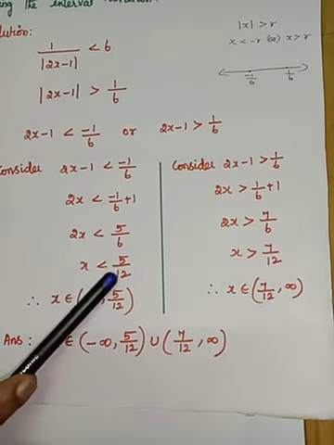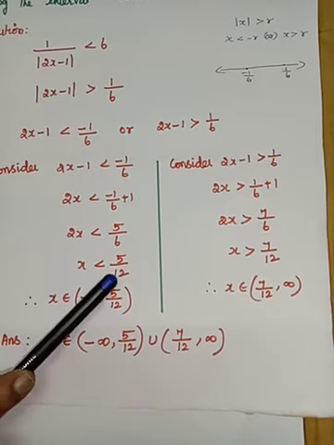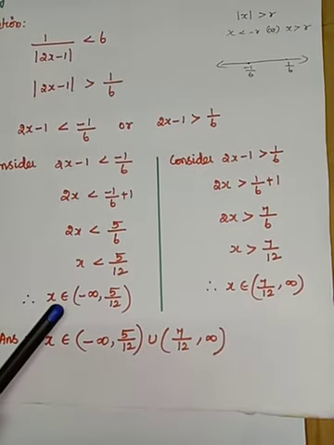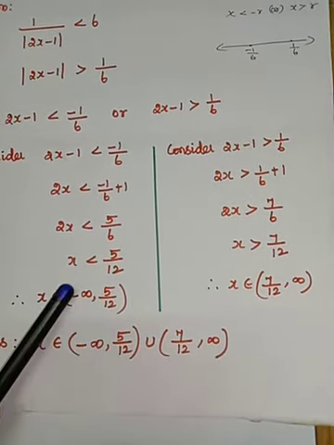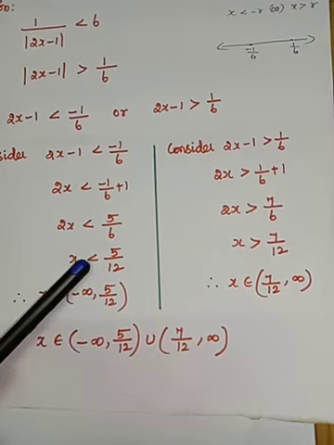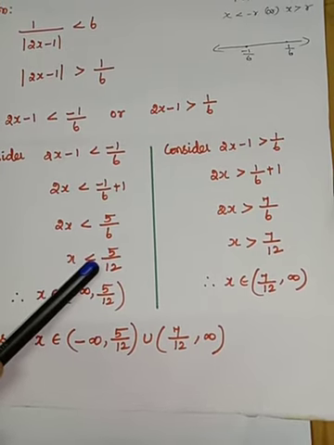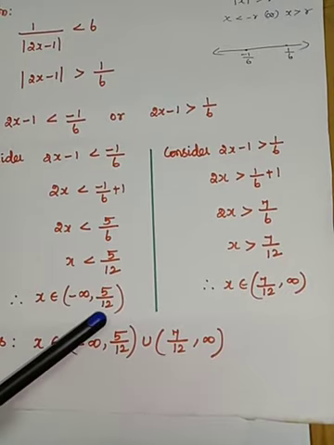X value is less than 5 by 12 means x belongs to minus infinity to 5 by 12. Here I have used this bracket at 5 by 12 because the equality symbol is not there, so you have to use the open interval. 5 by 12 is not included.